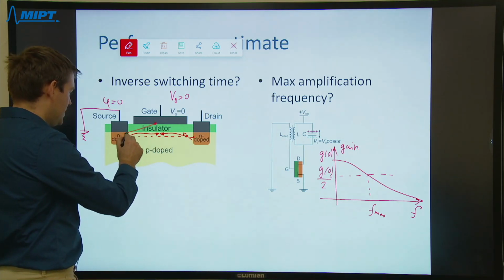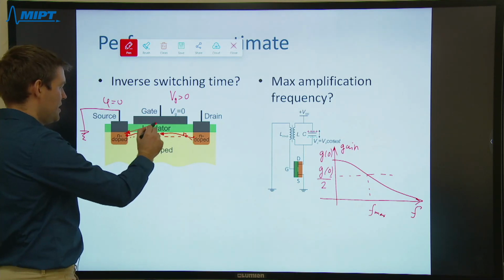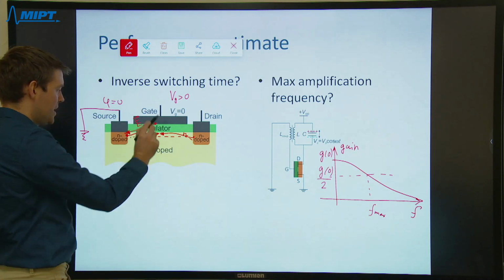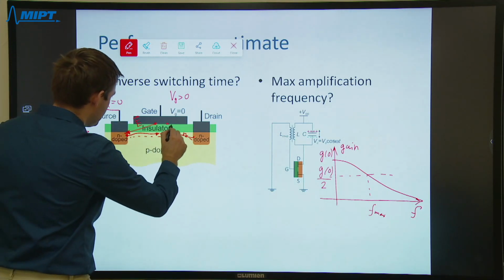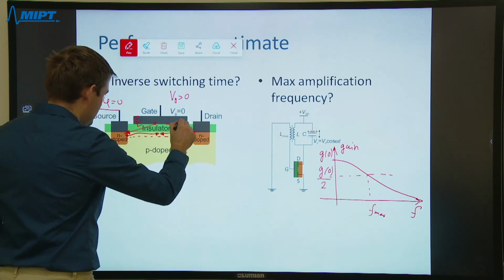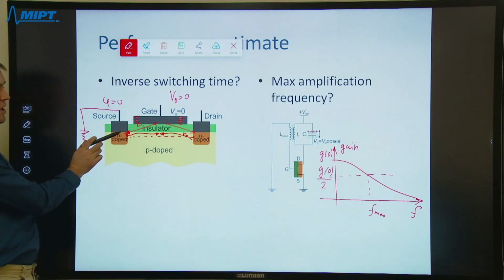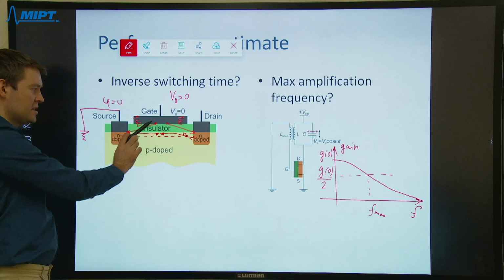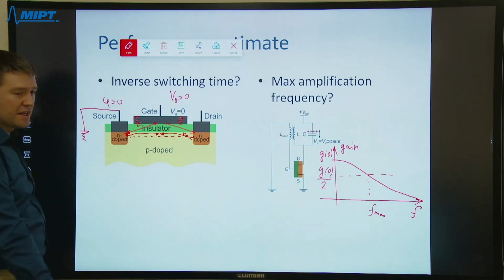They would start and end at the source and gate, and the electric field would be directed roughly like this. So the electric field would have a longitudinal component that drags the electrons and a transverse component that ends at the gate.